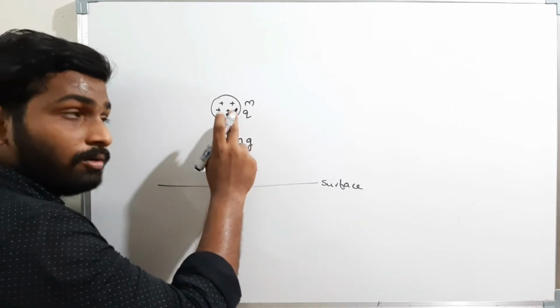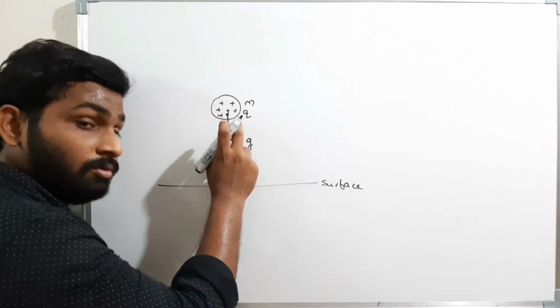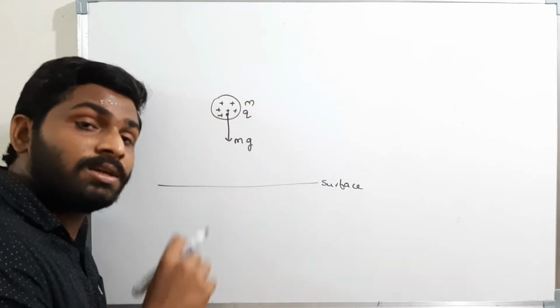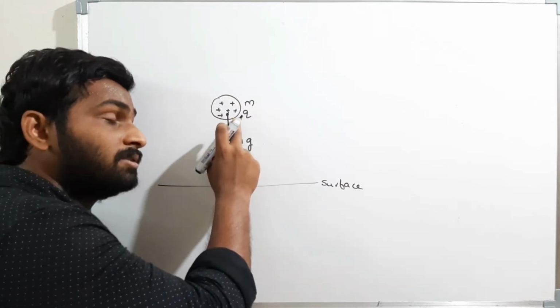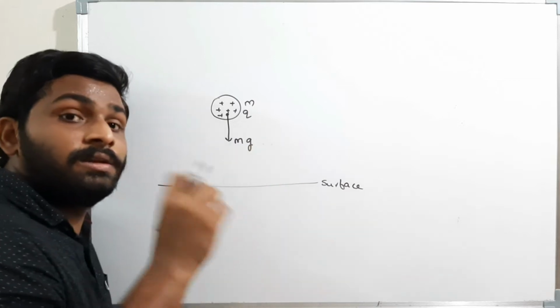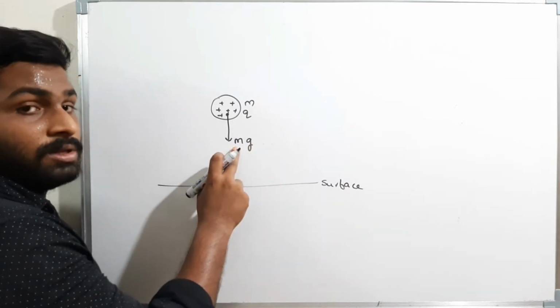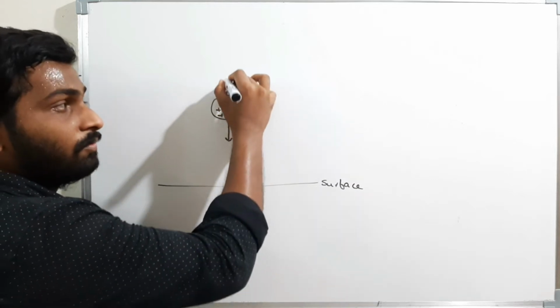If I want to balance this charge in the air, in which direction must the electric field be? There is a downward force, so there must be some equal upward force, that is F.